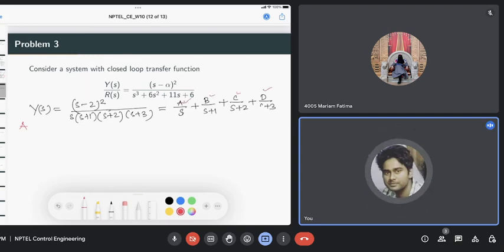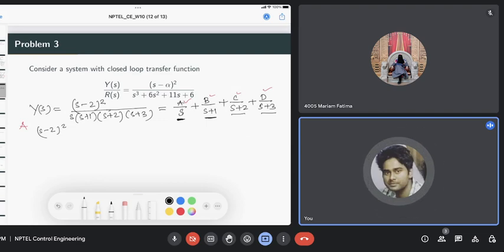For A, we will just multiply s on both sides of the above equation. The idea is that if the multiplicity is 1, as you can see there is no square term, then we can easily find it by multiplying that term on both sides and then taking s equal to 0. For s equal to minus 1, that will make that term 0.